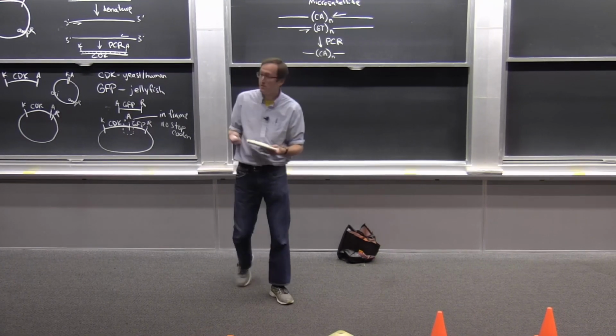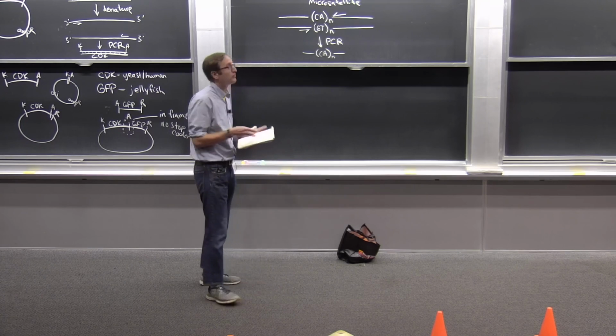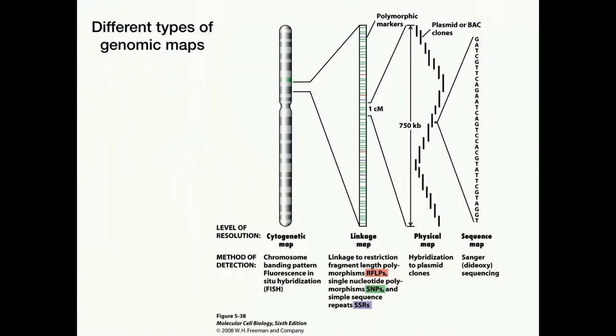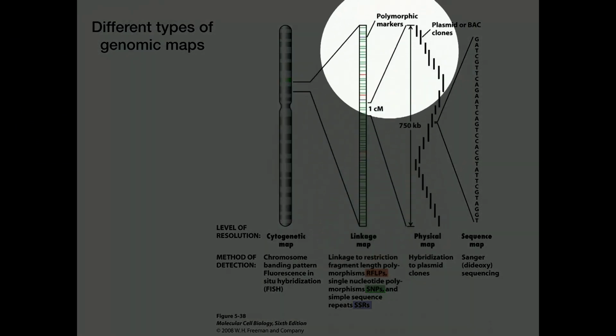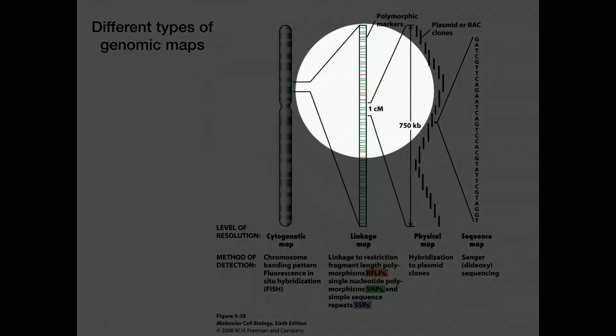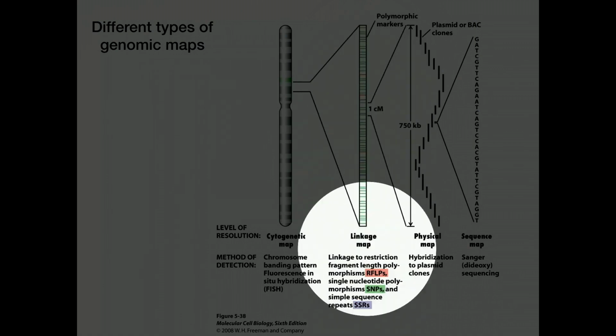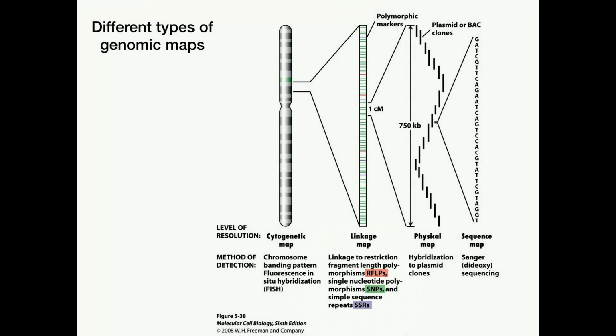So another type of marker, and this is the most common one. If I go here, you see a linkage map, and most of these bands are green, and the green markers here are what are known as single nucleotide polymorphisms, or SNPs.